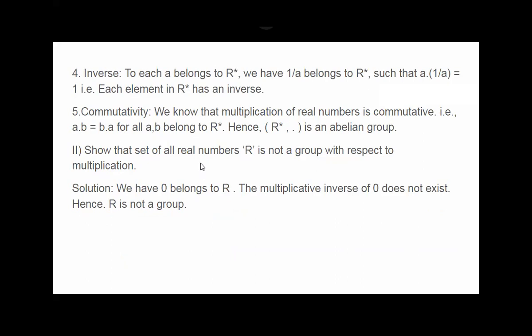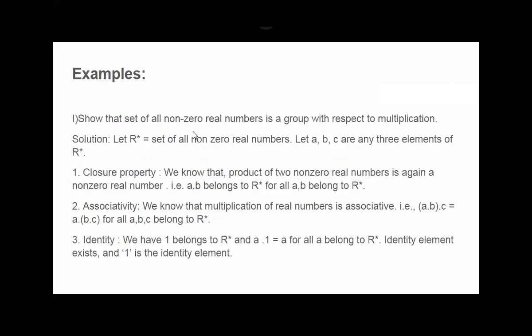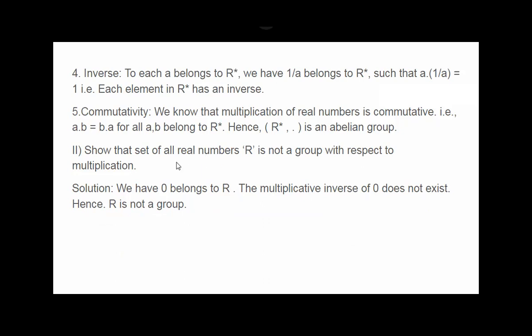In the first case that we saw, it was non-zero real numbers. Here it says only real numbers, and in R, 0 also comes. 0 is a real number. That's why it comes.